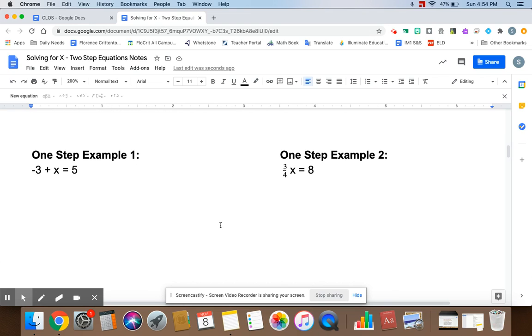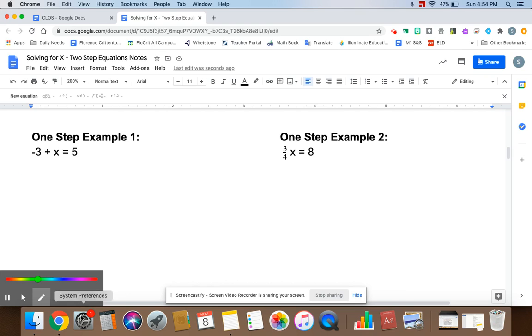So first, let's remember the 1-step examples. If -3 plus some number is going to equal 5, remember the equal sign kind of counts as a wall. And on this side of the wall, I have -3 plus x. And then on the right side, I have a 5. And my goal is to isolate x so that only x is on the left with nothing else. And then I'll know what x will equal. Well, to do that, I have to get rid of this -3 that's getting added to x.